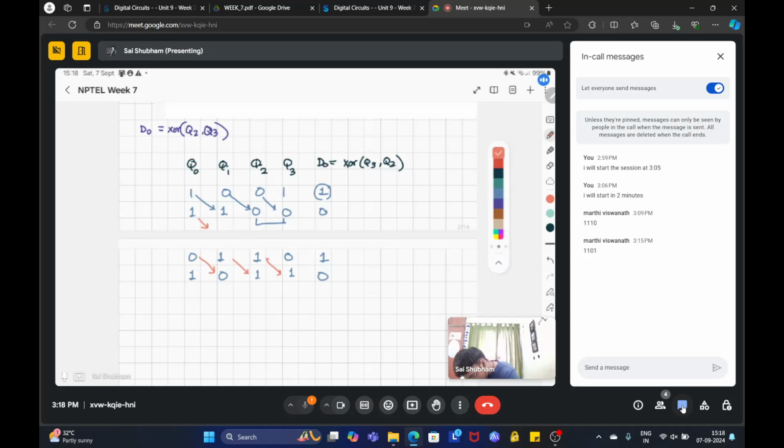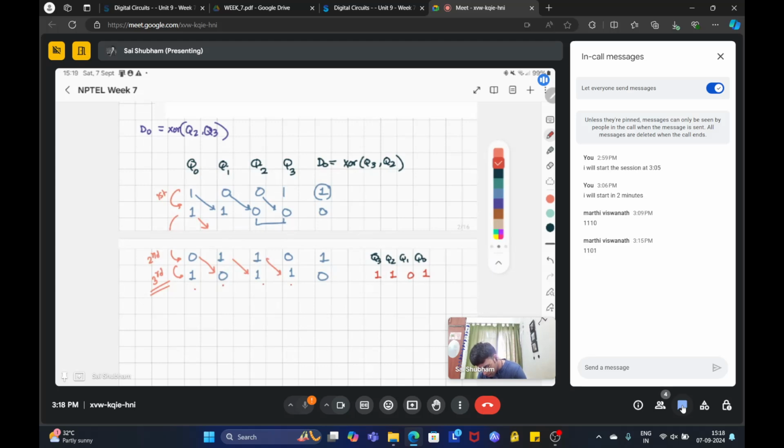I think this is the third cycle. This is first, this is second, and this is the third cycle. So they are asking Q3, Q2, Q1, Q0. That will be 1101. So 1101 is the answer.